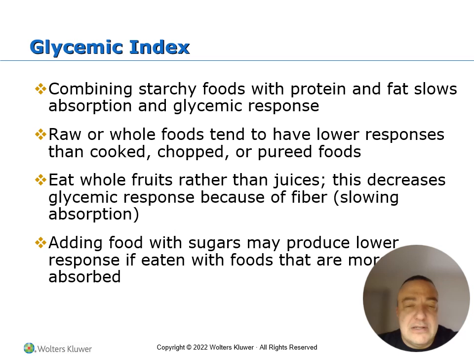Because once you cook something, it digests quicker. When it's chopped, there's more surface area, so it digests quicker. Pureed foods are basically liquefied, so of course they're digested really quickly. It's like mainlining that sugar right to the blood. And eat whole fruits rather than juices because of the fiber slowing it down.